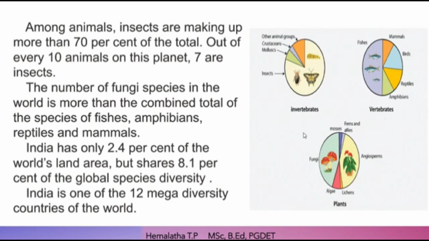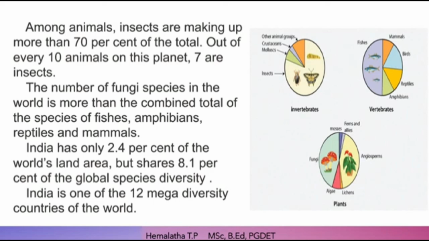But when we consider only the India part, the land area of India is very small when we take the whole world into consideration. India has only 2.4% of the land area. In that, a total of 8.1% of the global species diversity is present in India itself. India alone shares 8.1% of the total species diversity.